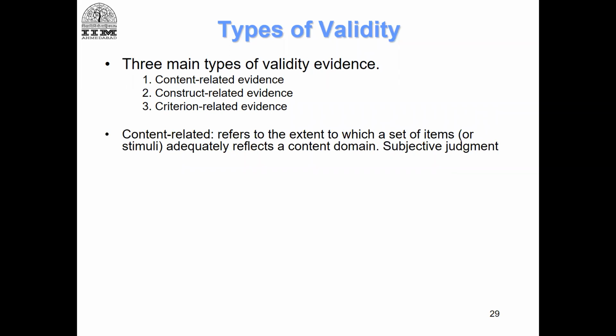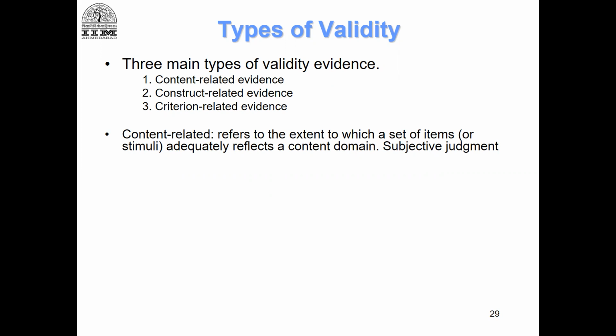So for example, let us say you want to measure motivation, right? Or preference for numerical information, the example that we have seen earlier. Now, if you have to measure preference for numerical information, you need to understand what is it that this construct is talking about.